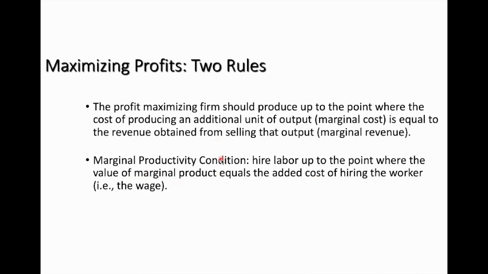These two rules are complementary in the sense that the first rule would tell the firm the profit maximizing output level to produce and also the price level for that profit maximizing output. On the other hand, the second rule is important in guiding the firm to minimize the cost.